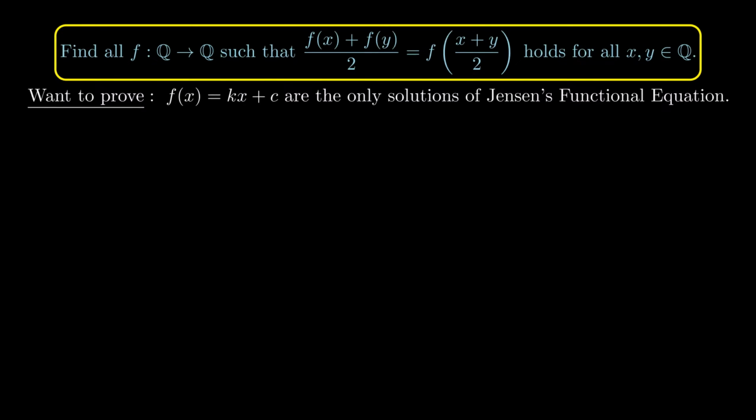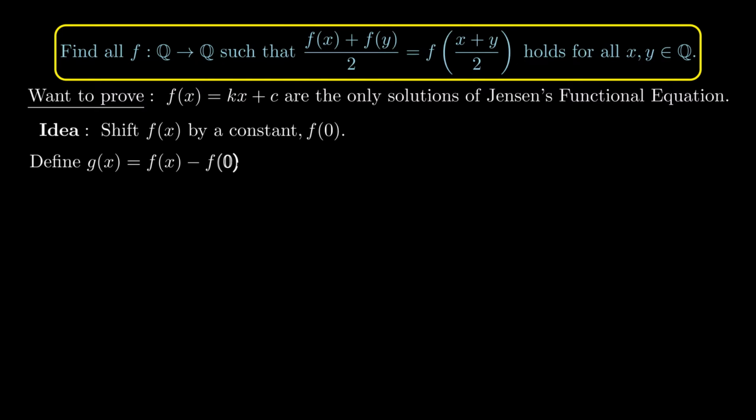The way that we are going to solve this is first to use a common trait in solving functional equations, which is to shift the function f by a constant, f(0). And the idea behind this approach is that now we can define a new function g(x) = f(x) - f(0), so that now when you plug in 0 to g(x), you get g(0) = 0.